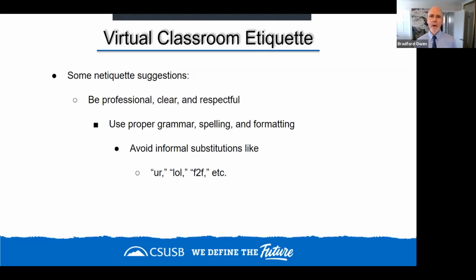For example, we want to avoid informal substitutions or acronyms for words, such as UR for your, Y-O-U-R, and abbreviated phrases like laughing out loud, LOL, or F2F, face-to-face, and so on.